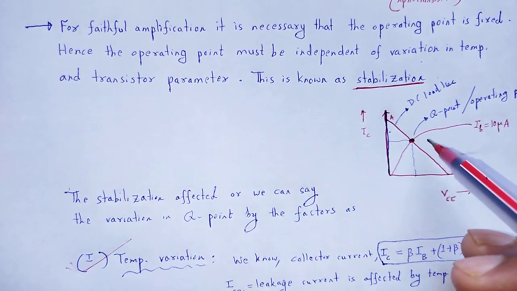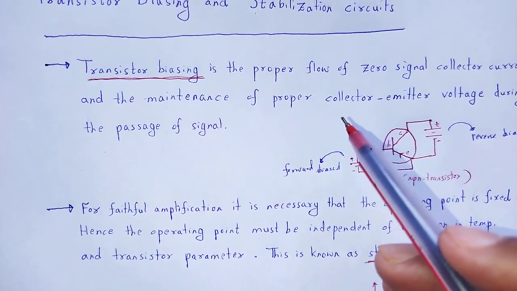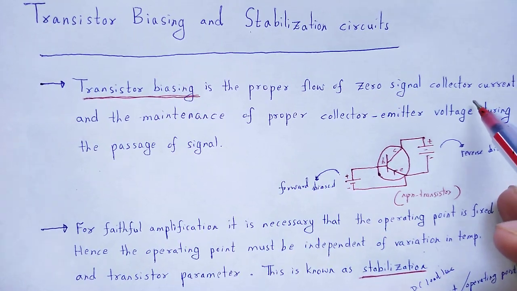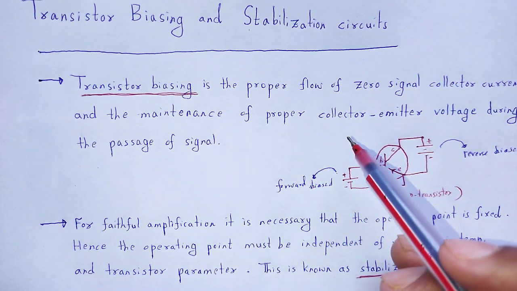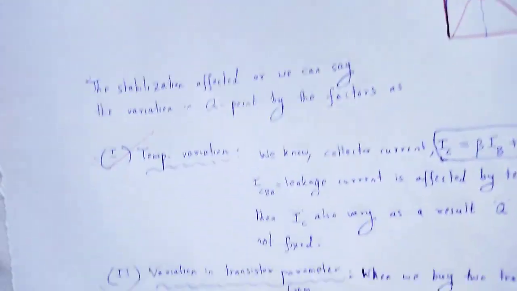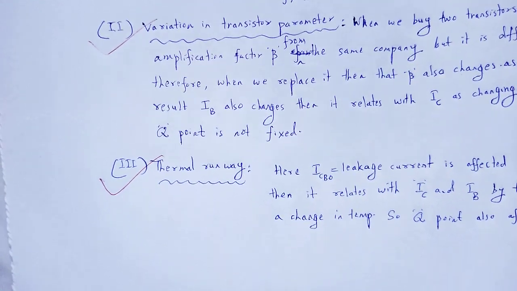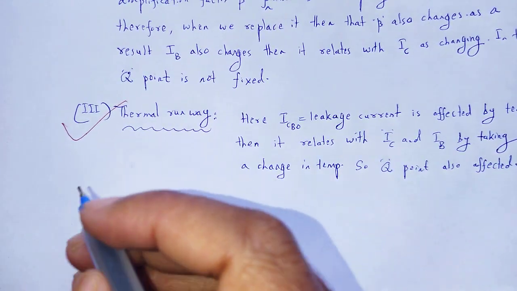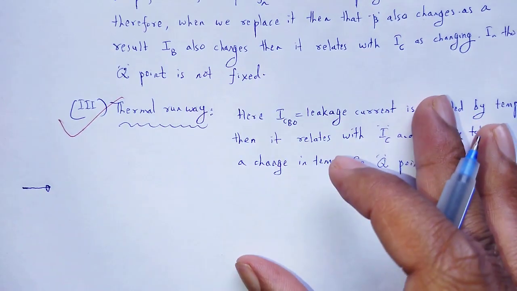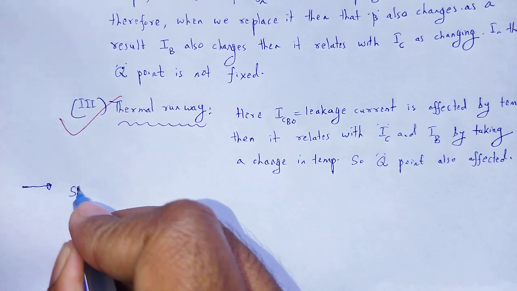If the operating point or Q point is fixed, then the transistor is said to be properly biased, and we obtain the collector current with proper maintenance of collector-emitter voltage. Another technical term, by which we can say whether a transistor is stabilized or not, is the stability factor.